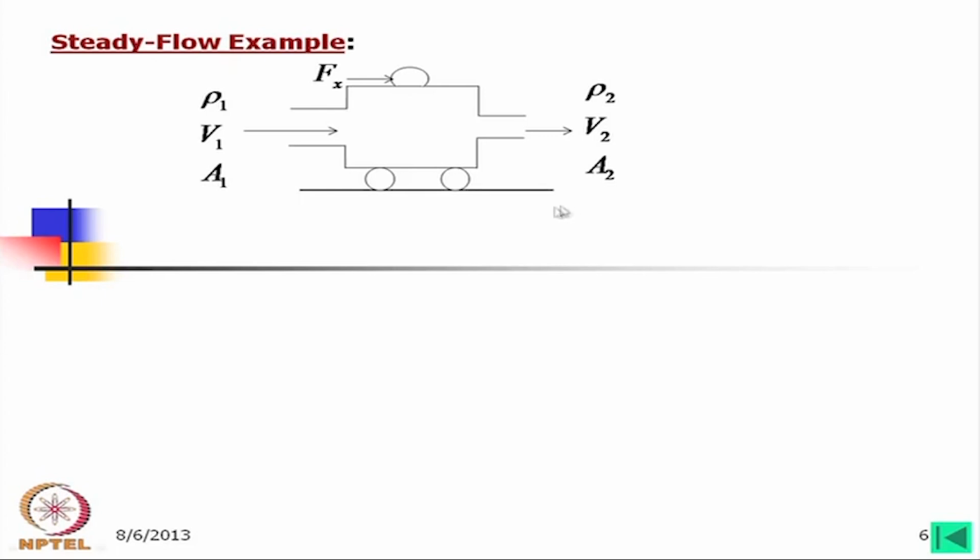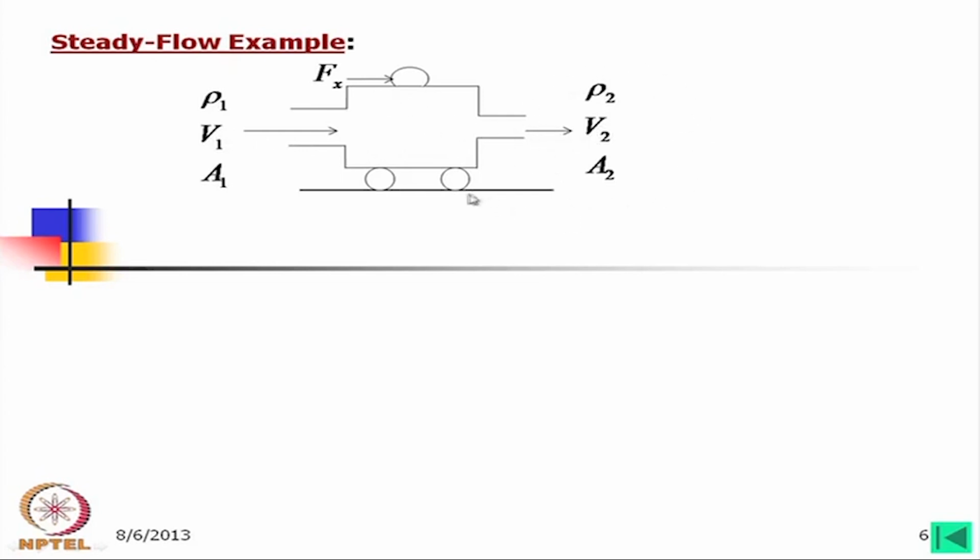Now, rho 1 and rho 2 may be equal for incompressible fluid if there is no change in temperature. For this type of flow, if we do not apply a load, this will move, because this velocity obviously will be higher than this and a force will be generated here.